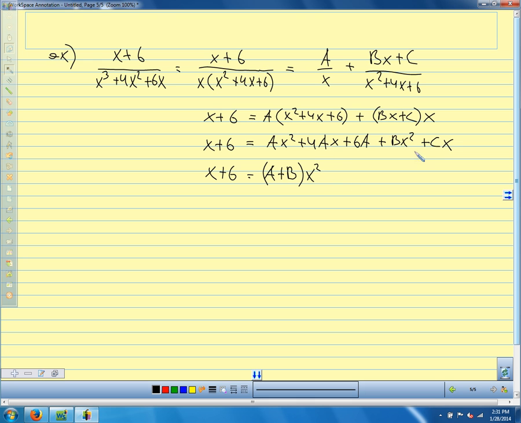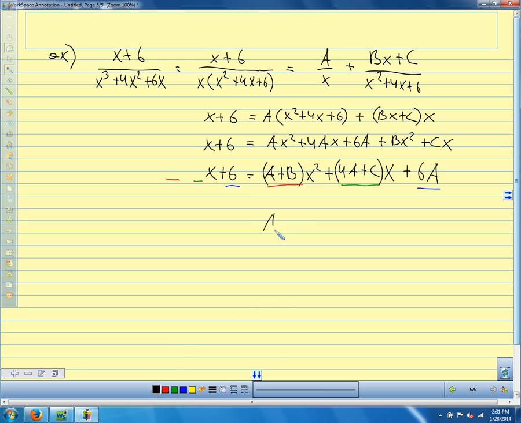I have a 4ax and a cx. And then I have a 6a here. This has to equal the x squared on this side. This has to equal the x part on this side. And this has to equal the number on that side.